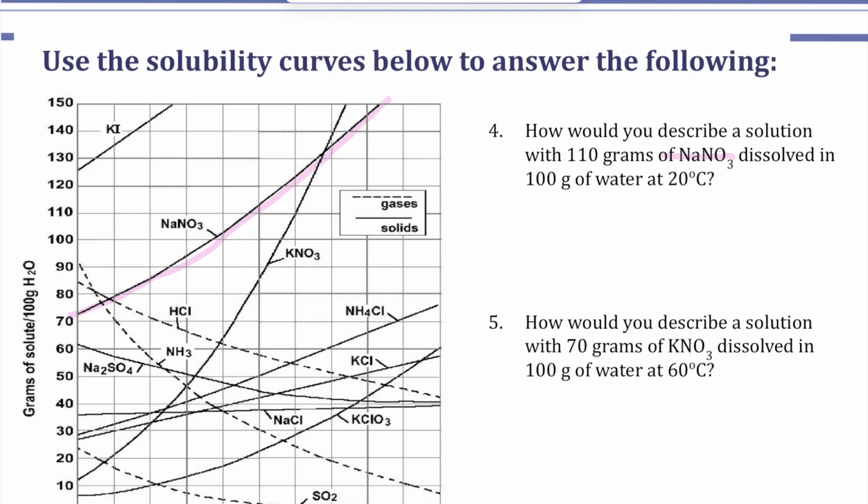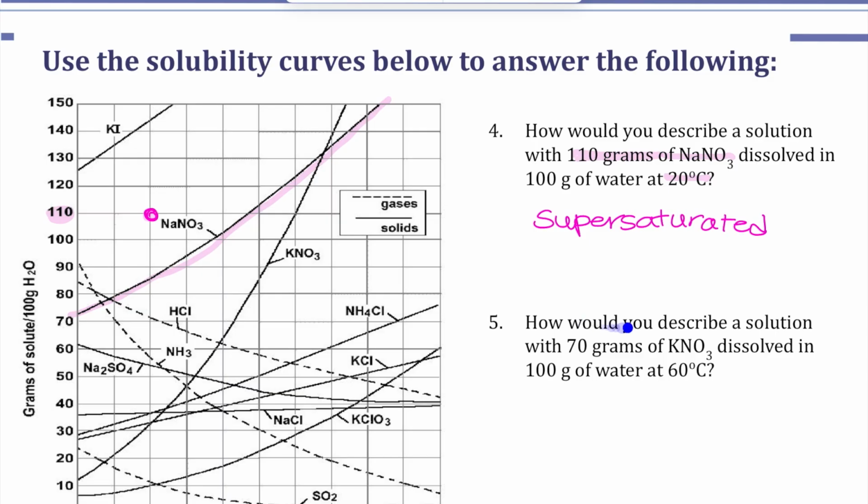We are looking at finding that 20 degrees Celsius with 110 grams. So 20 degrees Celsius is here, my 110 grams is here. So I am comparing this pink dot with that curve. How would I describe this solution? Because this is above the curve, I would describe this as being supersaturated.